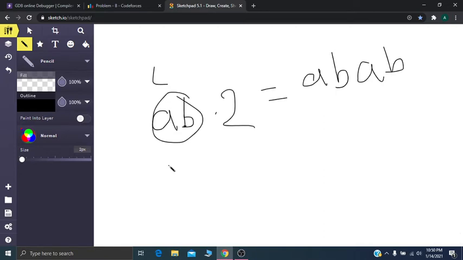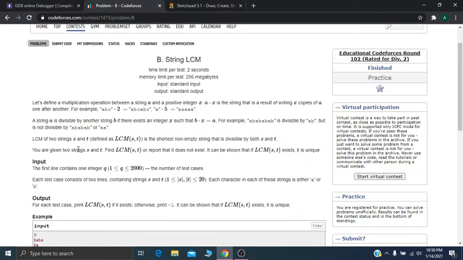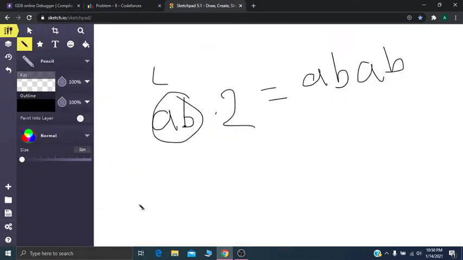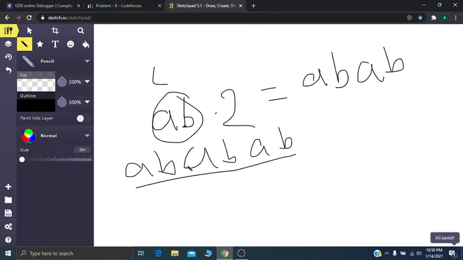And what does division mean? Let's say I have a string AB AB AB, and I need to find out whether this is divisible by this. This is pretty common if you analyze it: this substring needs to be equal to each and every portion of it.